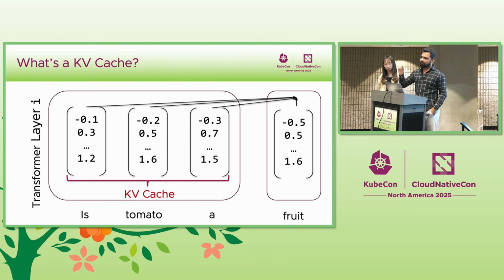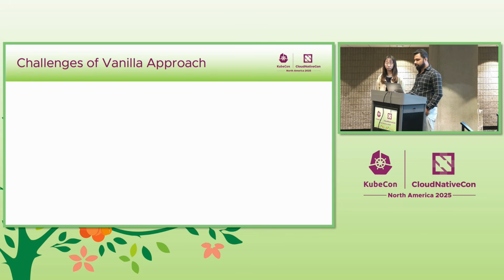With each word, there are associated key and value matrices behind the scenes, generated per transformer layer. This is generated in the prefill phase, and the decode phase then uses it. This is going to be one of the main topics of how we optimize our inference.